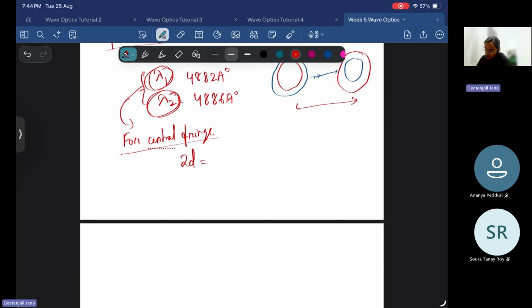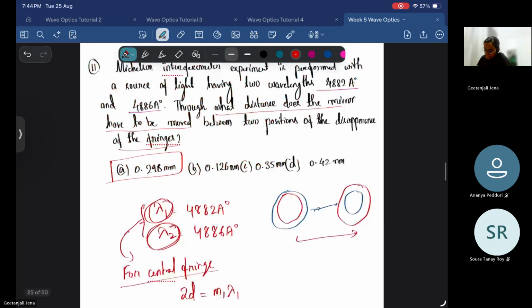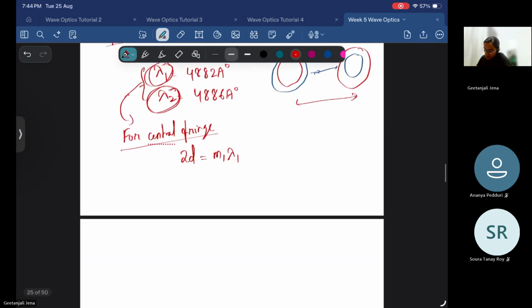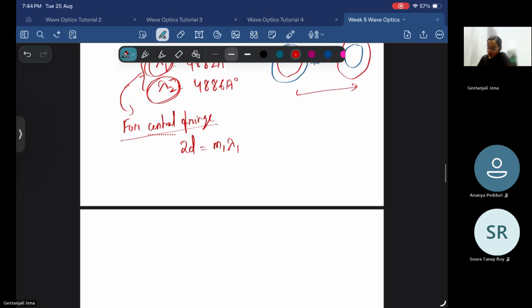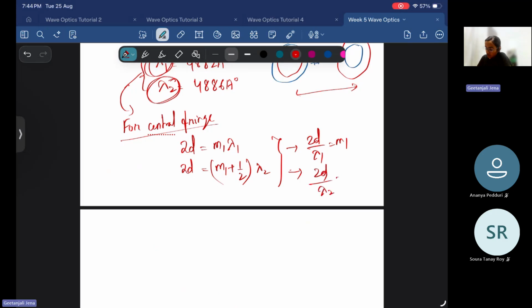So we are seeing maxima for one and minima for the second. From this, you can calculate. This would be lambda 2.